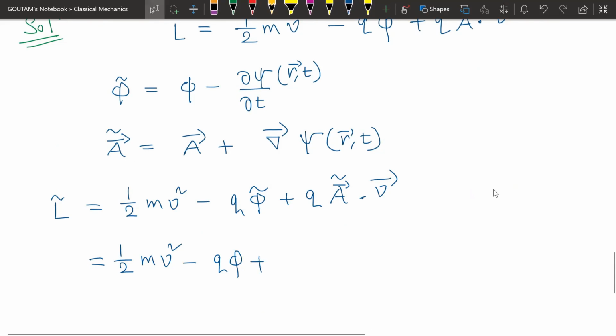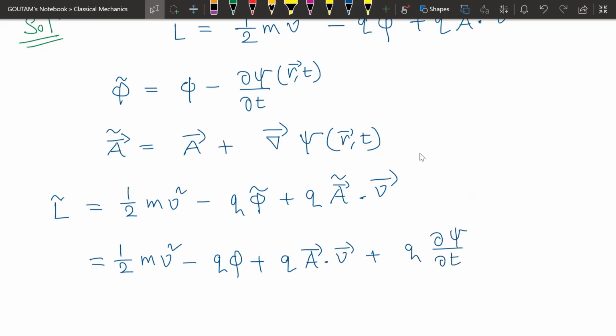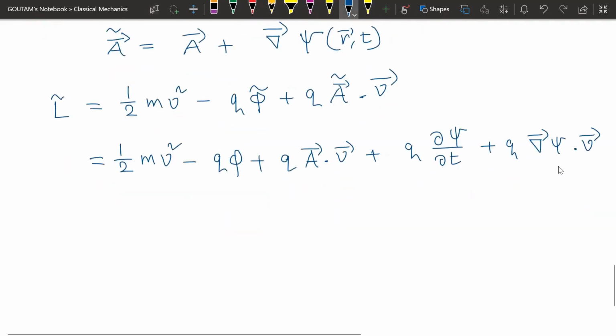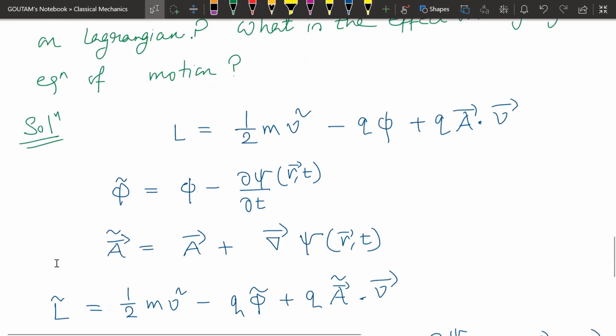So from the first term of this equation, we will get q a dot v, and then plus q times del psi del t, and plus q times divergence of psi dot v. Okay, so this is the previous Lagrangian we had before the transformation.